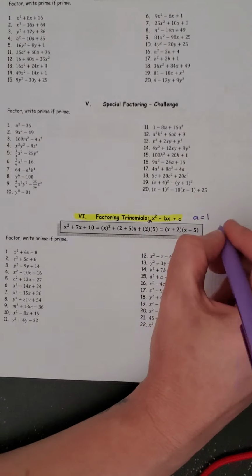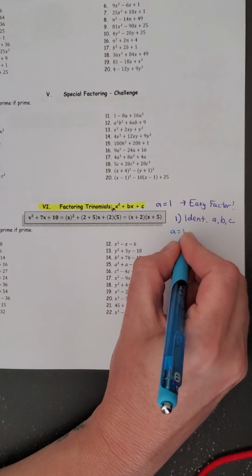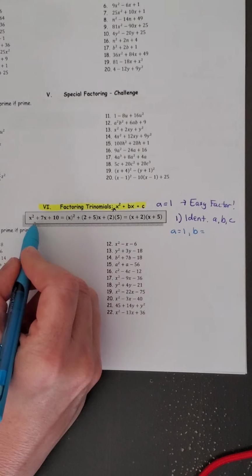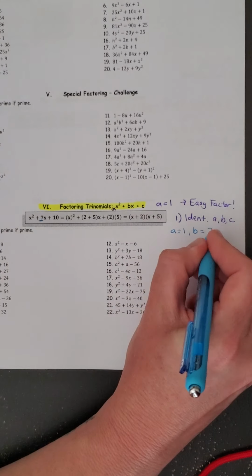So our steps are identify a, b, and c. Let me make sure you can see where I'm writing. There we go. Identify a, b, and c. So I'm going to do that. My a value is 1. My b value is 7. And C is 10.